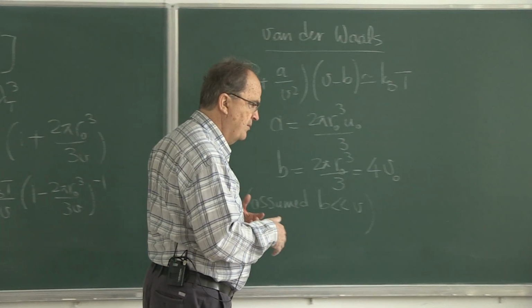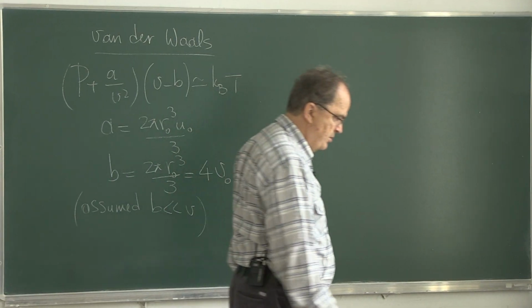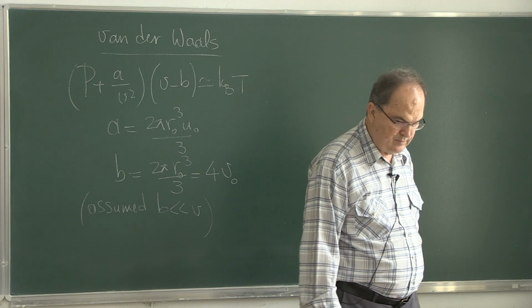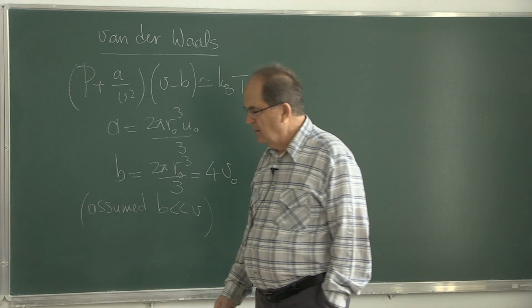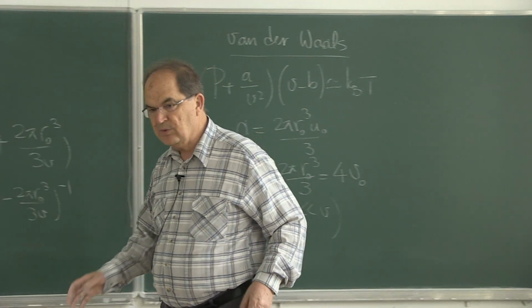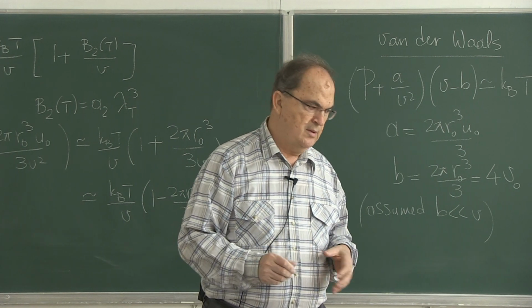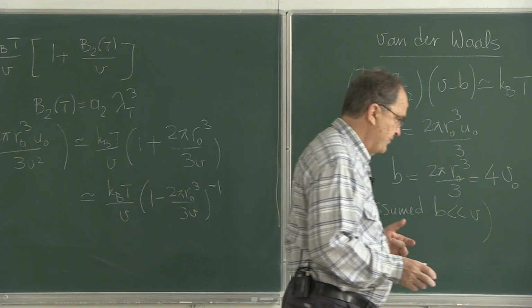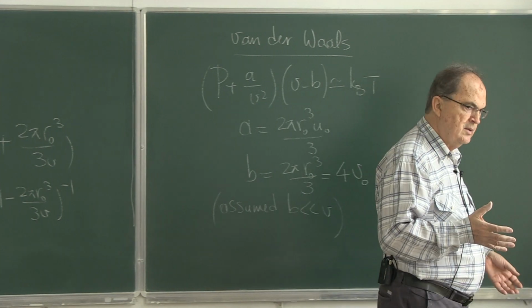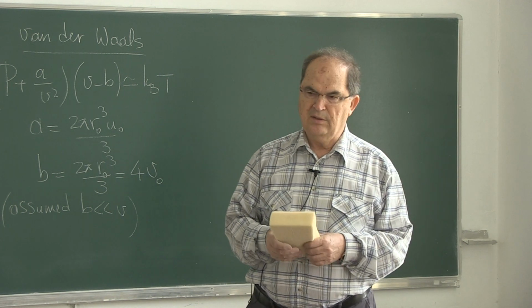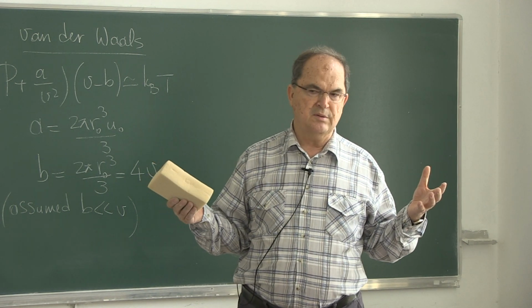Now let's see a little bit more what happens with interactions. This part is going to have a contact with the experiment, okay? The question is, what happens to the structure of the system?